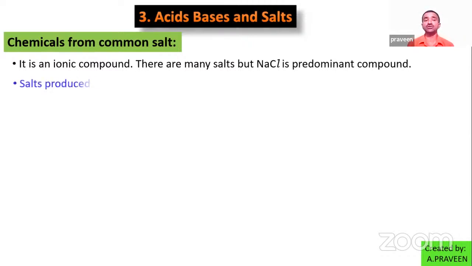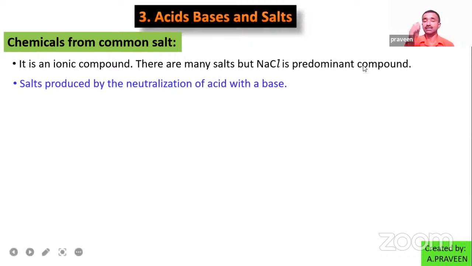Many salts are produced by the neutralization reaction only. But to produce the different salts, we are using this NaCl as a basic substance in the reactions, right? NaCl is electrically neutral itself. But if this NaCl is dissolved in water, it produces different ions called Na+ and Cl-.